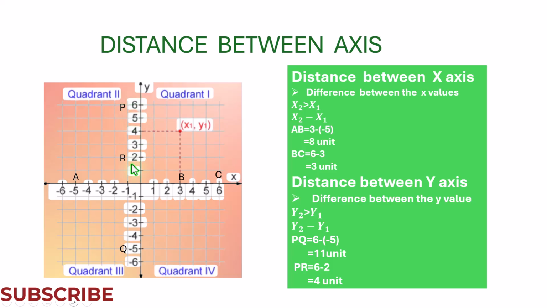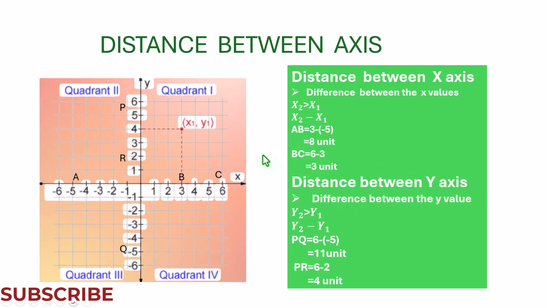PR is 6 minus 2, 4 units. Distance on the x-axis is x2 minus x1. Y-axis is y2 minus y1. Distance is always positive. Here y2 is greater than y1 and x2 is greater than x1. Difference between the x values is distance on the x-axis. Difference between y values is distance on the y-axis.